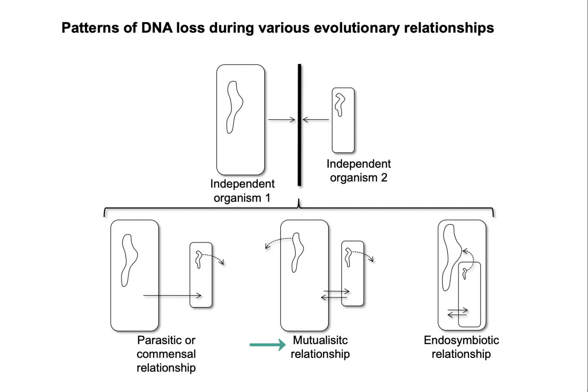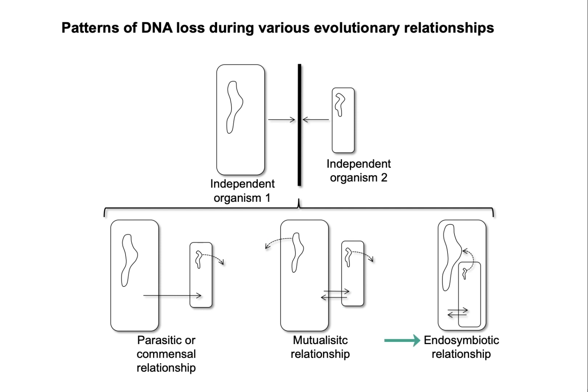When you have a mutualistic relationship, both organisms tend to lose parts of their genome, and that's for the same reason, in that they're getting some of the requirements from the other organism. So those genes that would normally perform those functions mutate and eventually are lost.